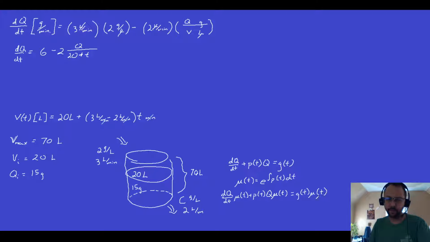Now the reason for doing that is because on the left hand side you use the reverse of the chain rule, and you can see that the derivative with respect to time of q times mu of t is equivalent to what we have on the left side there.